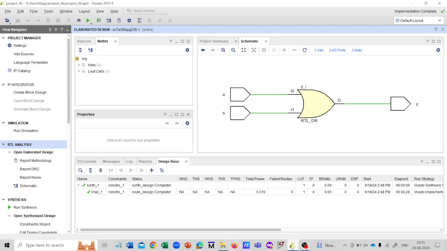Now let us see how this delay will manifest when we synthesize a piece of HDL code targeted at a hardware platform like an FPGA or an ASIC. To illustrate this, I am using the Vivado tool. So this is by no means a tutorial on synthesis. I am using this flow just to illustrate how the delays will appear when we synthesize a circuit.